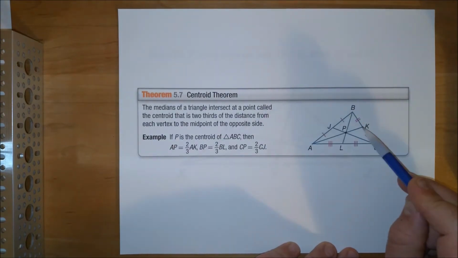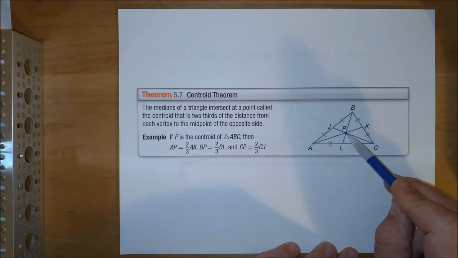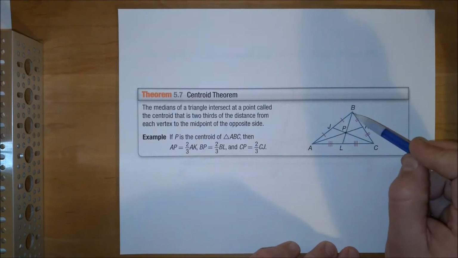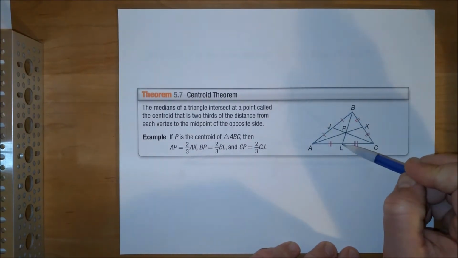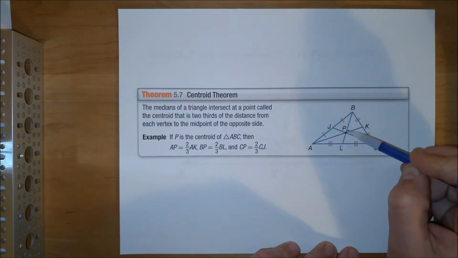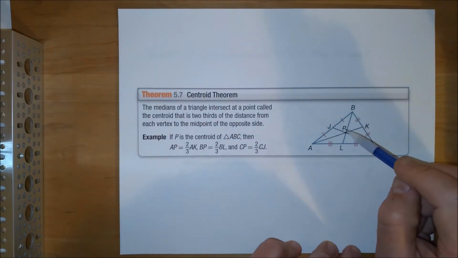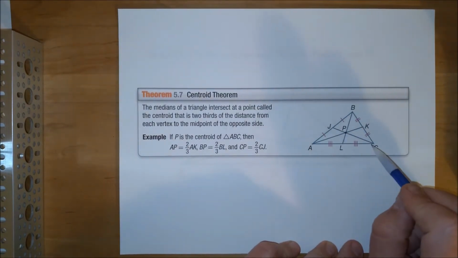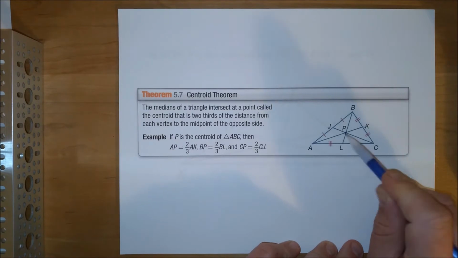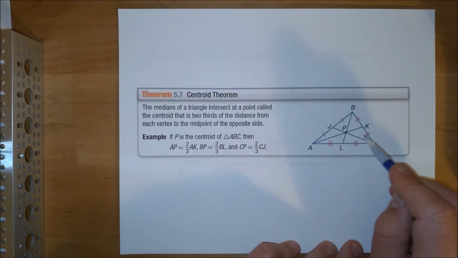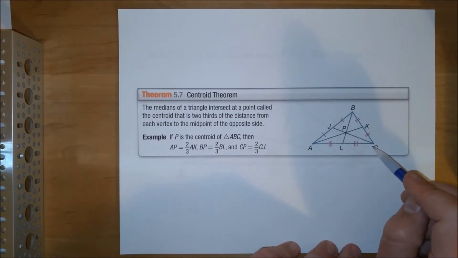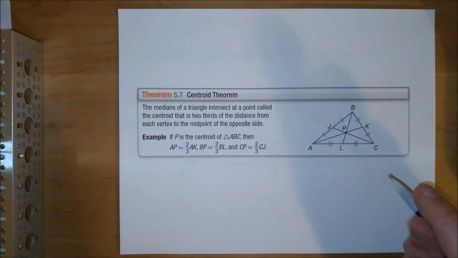So if I took the length of AK and I multiplied it by 2/3, I would have the length of AP. And likewise, if I knew the length of BL and I multiplied it by 2/3, I would have BP. So the centroid occurs 2/3 of the length along the median from the vertex from which it is drawn. Likewise here, if I know the length of CJ, then CP will be 2/3 of the length of CJ.